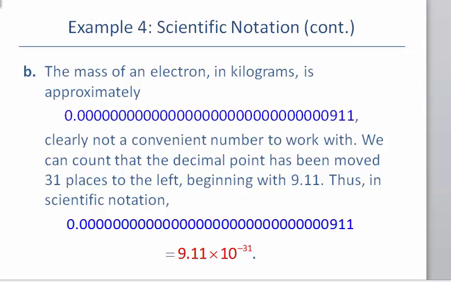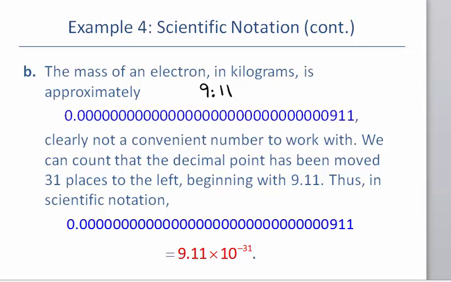Remember that the a value you choose has to be between 1 and 10. So looking at the 911, I am going to put it as 9.11 for my a value. That is a number between 1 and 10.